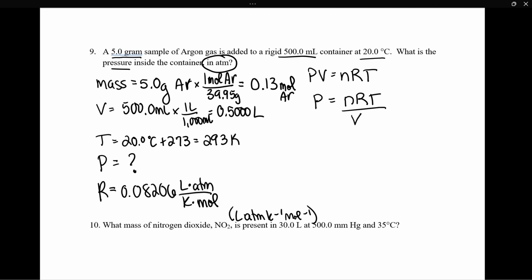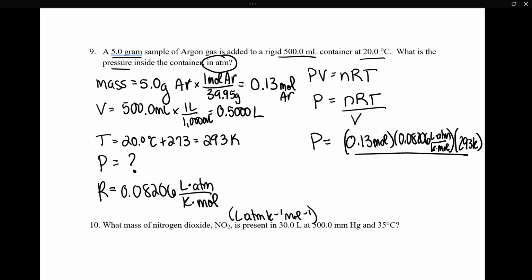So, okay, now let's plug these into our equation. So pressure equals moles, which is 0.13 moles, times R, 0.08206 liters times atmospheres divided by Kelvin times moles. Let's see, our temperature is 293 Kelvin, and then our volume is 0.5 liters.